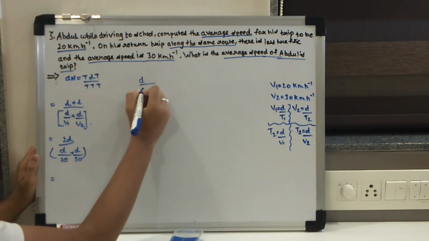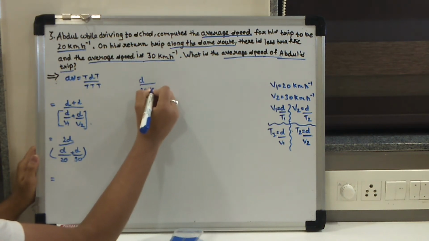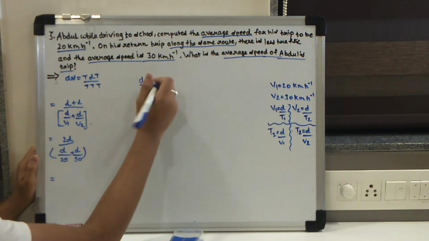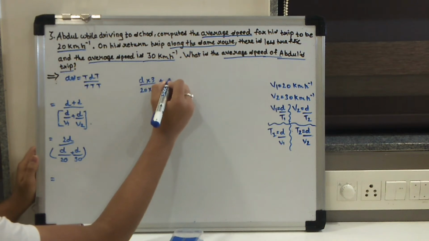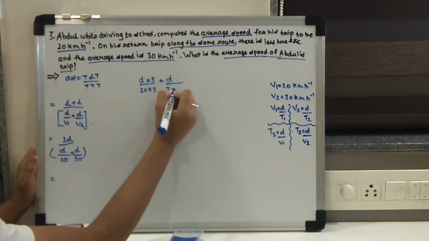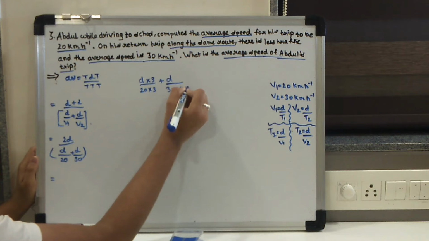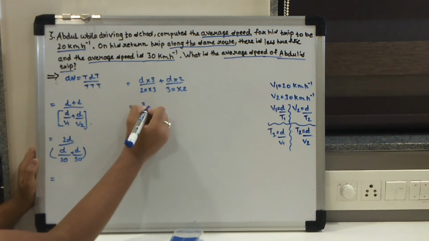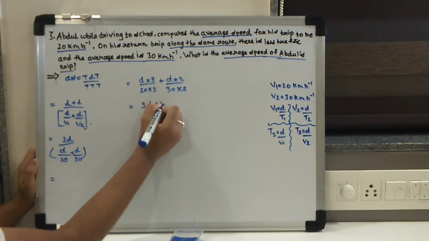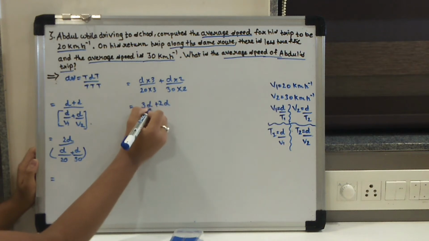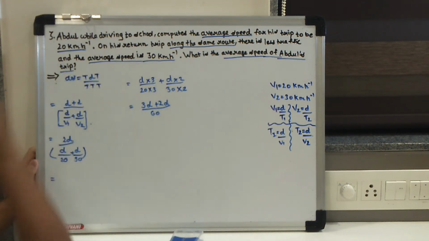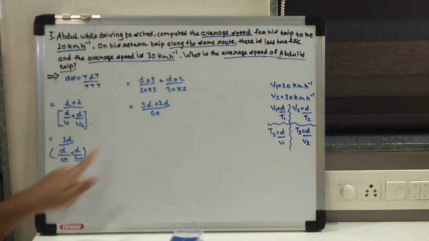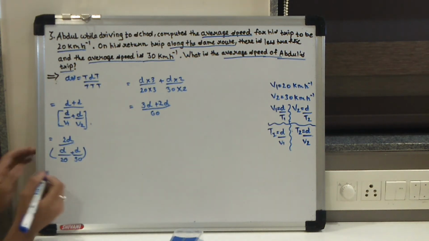So d upon 20 into 3 plus d upon 30 into 2, and here 2. So 3d plus 2d upon 60. We have to write this thing here at the place of here.